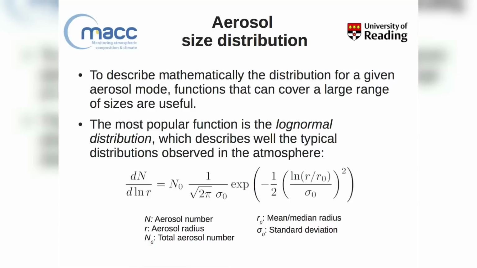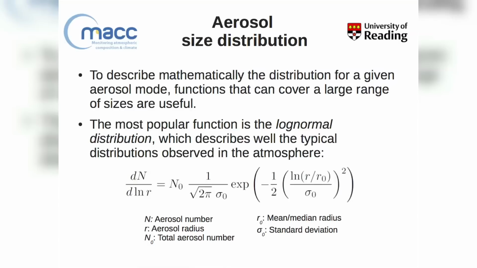For the aerosol distribution, it's useful to be able to describe it mathematically as a function. To do that, we need a function that is able to cover a wide range of particle sizes and cover large variations in number. There are several choices.